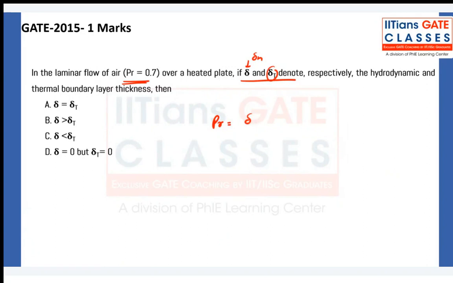It is given by momentum diffusivity upon thermal diffusivity. And if it is 0.7, it means the hydrodynamic boundary layer is equal to 0.7 times the thermal boundary layer. That means it is less than delta T. So C is the right answer.